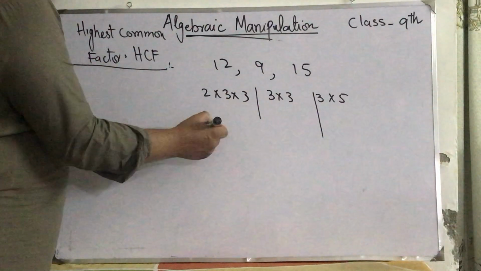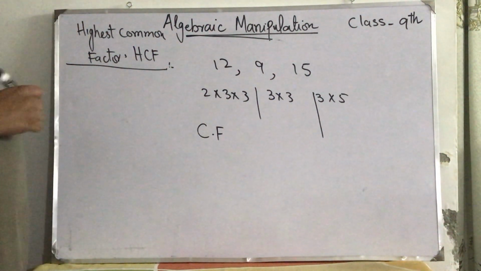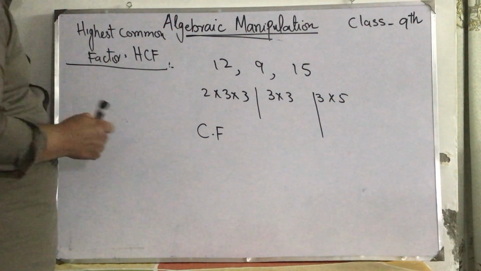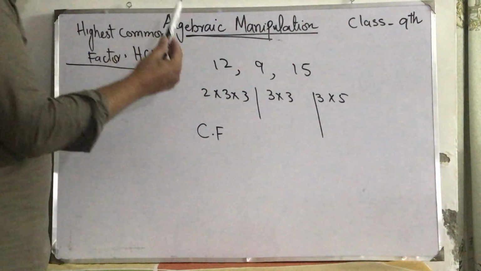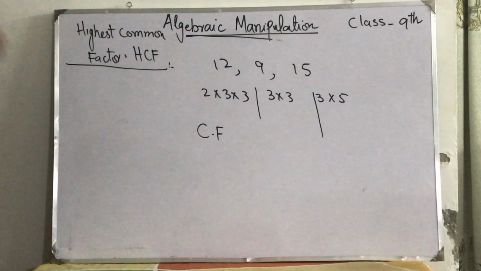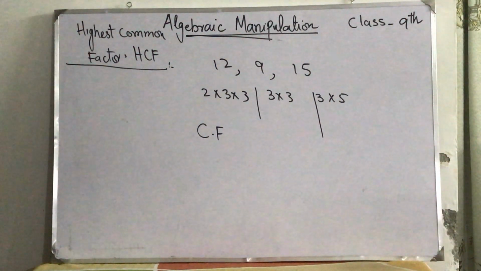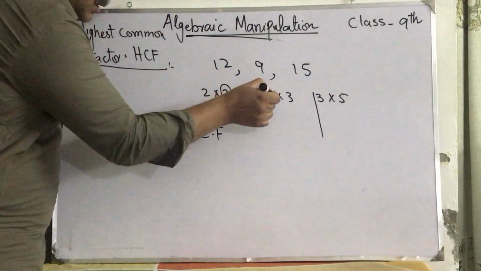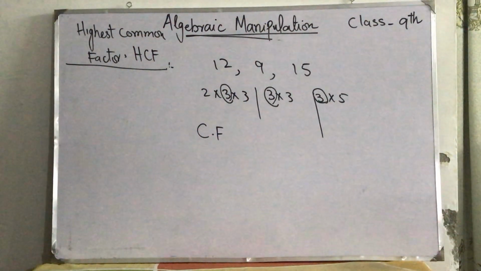To find the HCF, first of all, we find their common factors. We denote them by CF, common factors. What are the common factors here? We look for the number that is common in all three numbers. You can see that 3 is common in all of them.